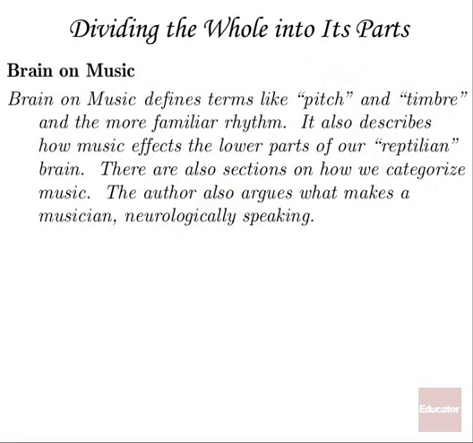This Is Your Brain on Music defines terms like pitch, timbre, and the more familiar rhythm. It also describes how music affects parts of our reptilian brain, and there are also sections on how we categorize music. The author also argues what makes a musician, neurologically speaking. So as you can see, which book do you think is more easily organized and easier to understand?